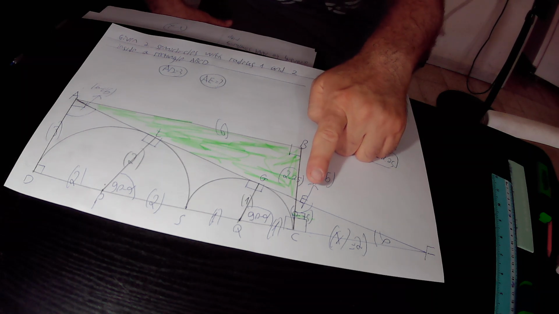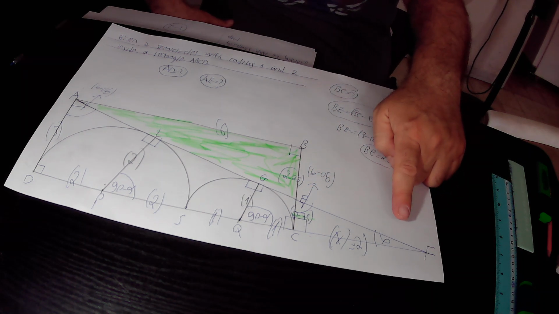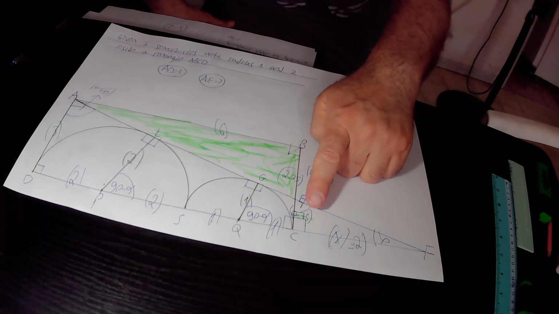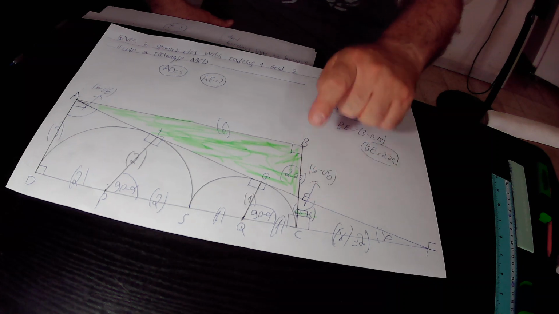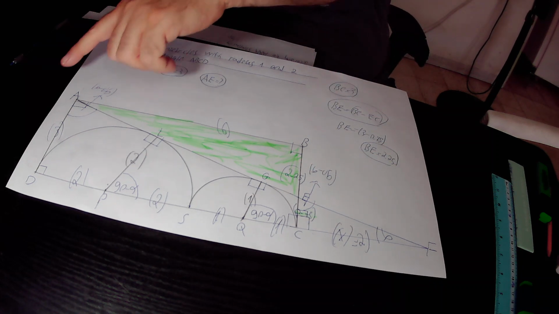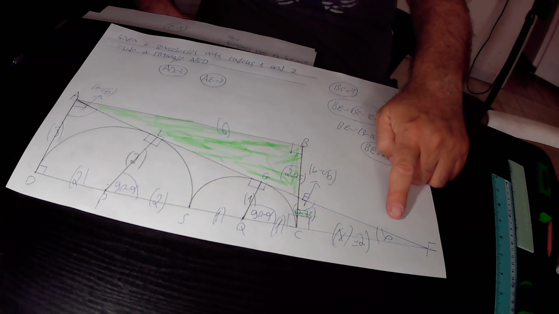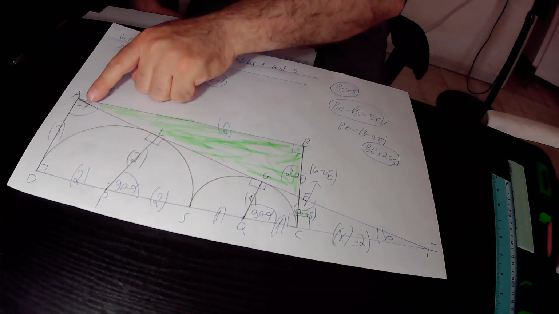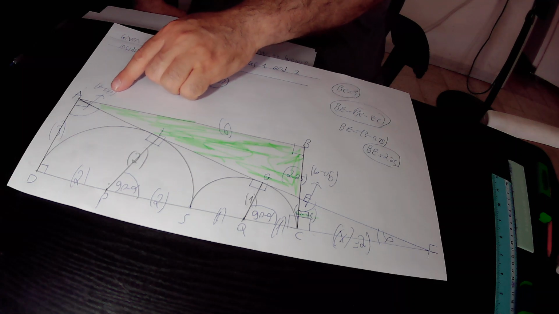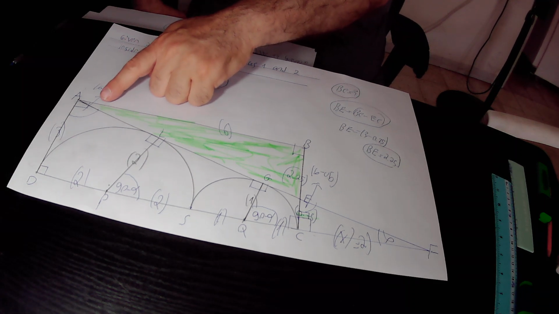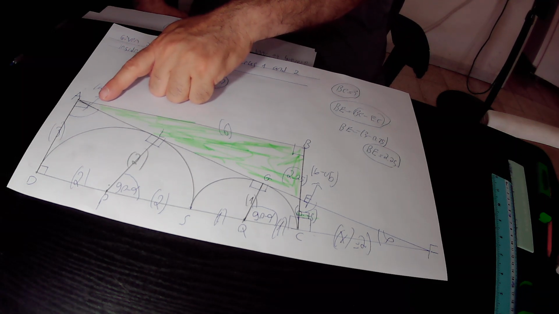Because 90 degrees minus alpha plus alpha is 90 degrees, and 90 degrees plus 90 degrees is equal to 180 degrees. That is the sum of the angles in any triangle. Likewise, in the big right triangle ADF, this angle equals alpha, this angle equals 90 degrees. Therefore, this third missing angle must be equal to 90 degrees minus alpha. From the sum rule, the sum of the angles in any triangle is equal to 180 degrees.